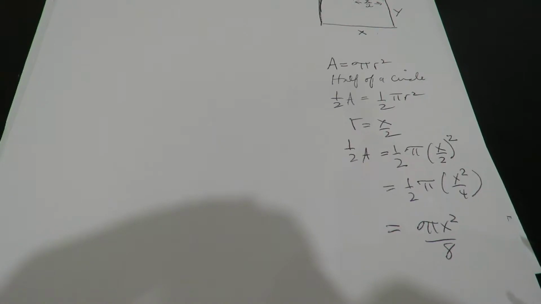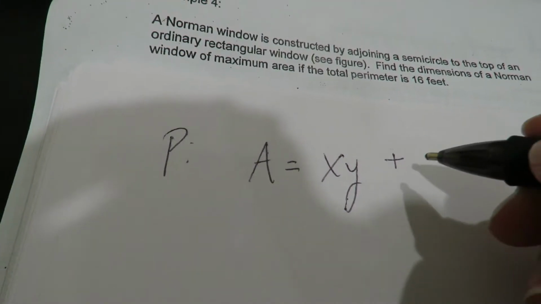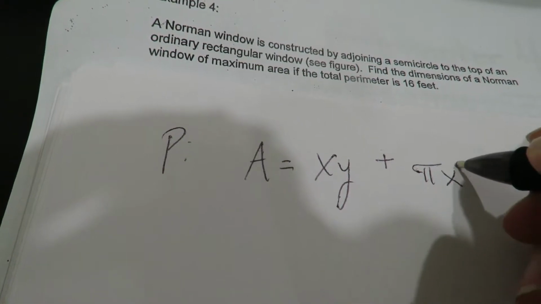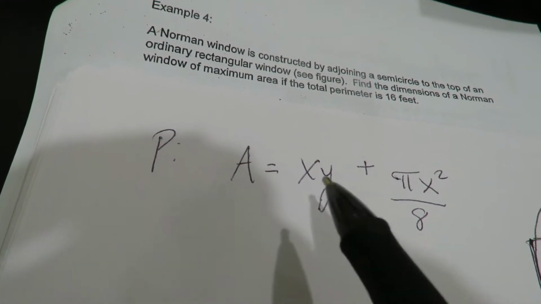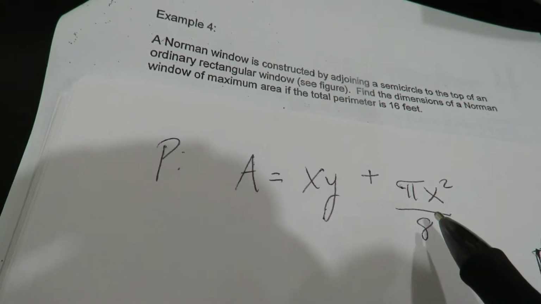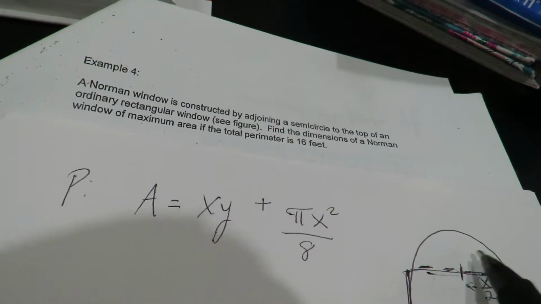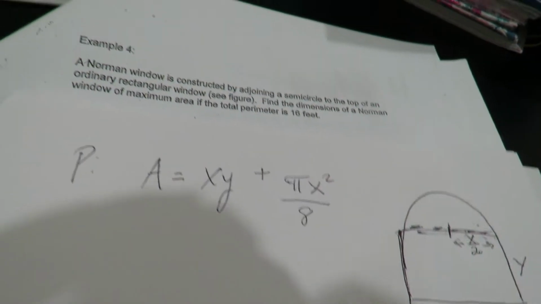That is going to be half of the area of the circle. So the area is the rectangle plus half of the area of the circle, given that the radius is X over 2.